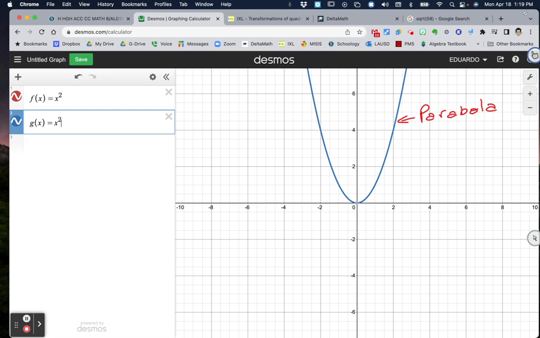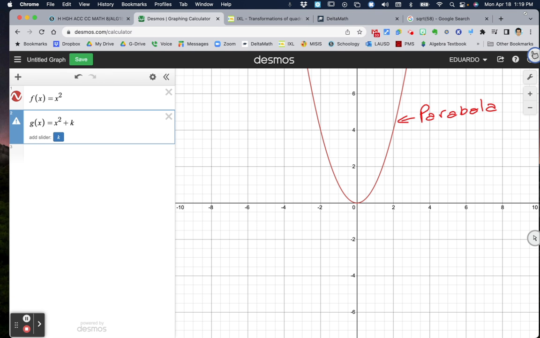Everyone looks a little bit like their parents, right? So g of x will have x squared, definitely. But now I'm going to put plus k. So everybody do this. G of x equals x squared plus k. Go ahead and put that.